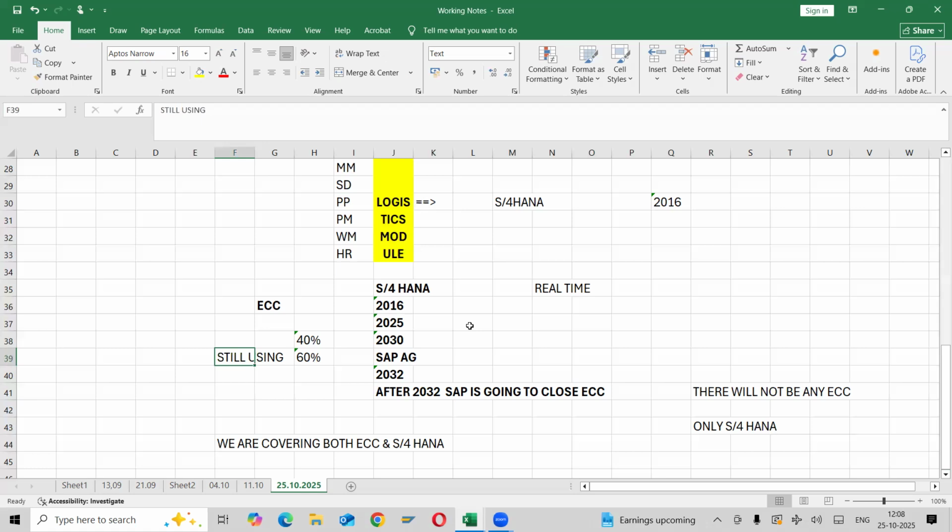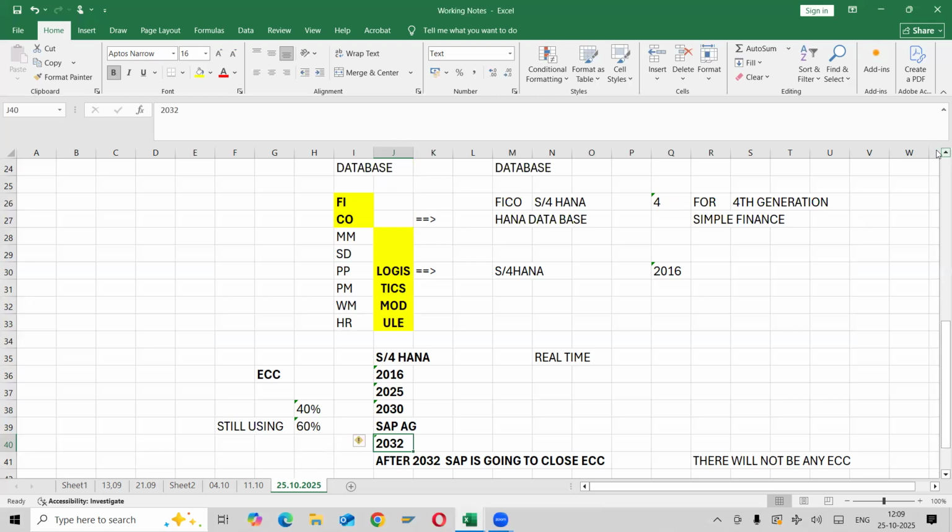It could be due to cost or data reasons. But SAP has given a deadline: by 2030, they will support free of cost, and by 2032, they will charge something and support. After 2032, they are going to close the ECC product completely. So whoever has not yet migrated can't use this ERP.